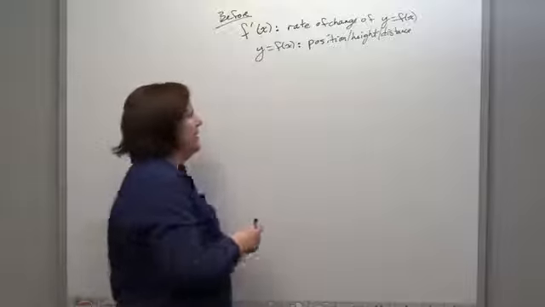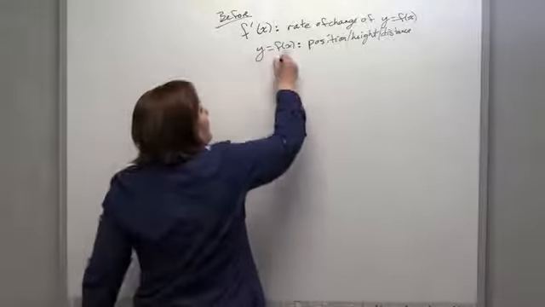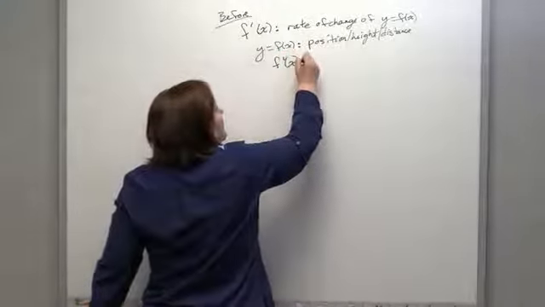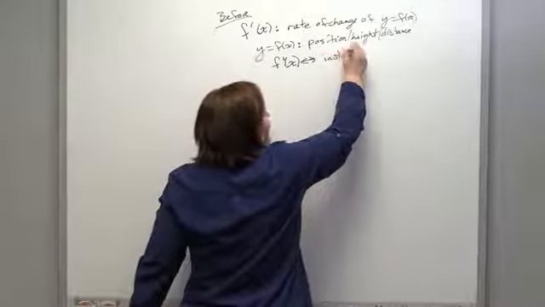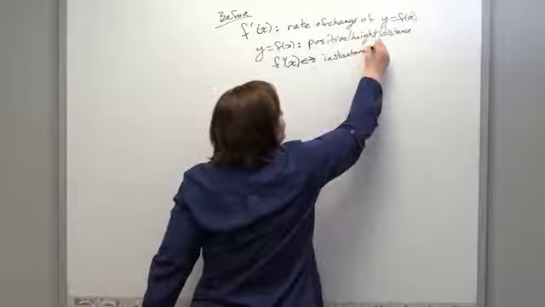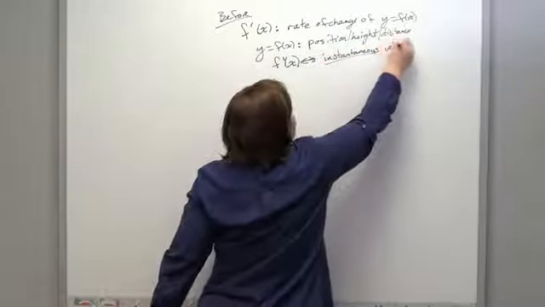We talked about that f prime of x gives us our velocity, which technically is instantaneous velocity.